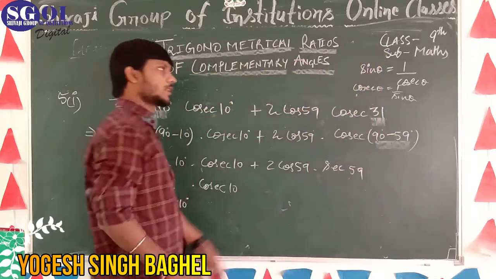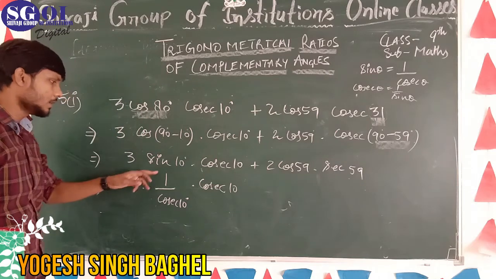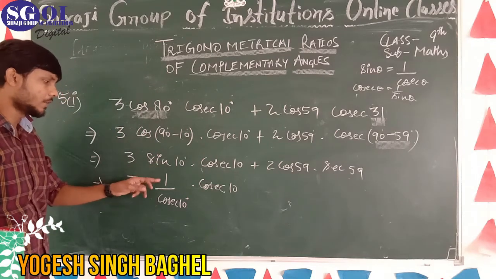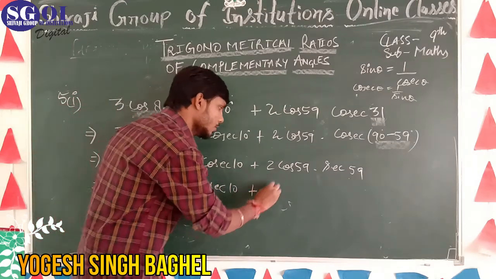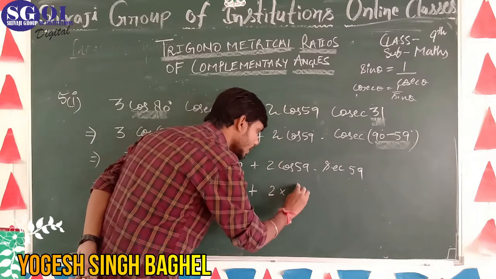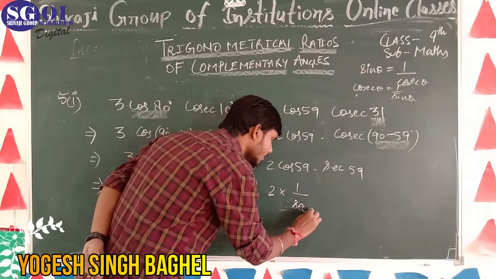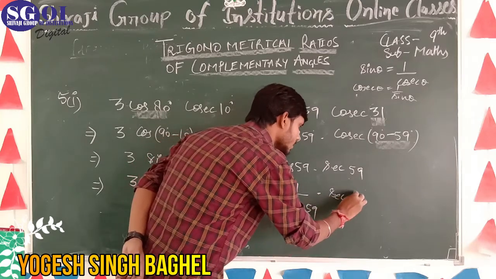So 3 sin 10, we write as 1 upon cosec 10 into cosec 10, plus 2 cos 59, in place of which we can write 1 upon sec 59 using the reciprocal relation, into sec 59.